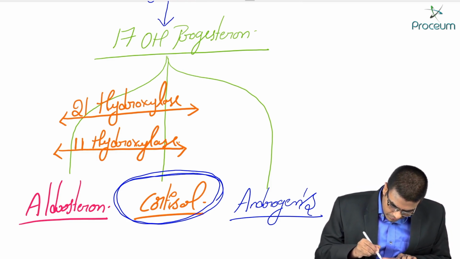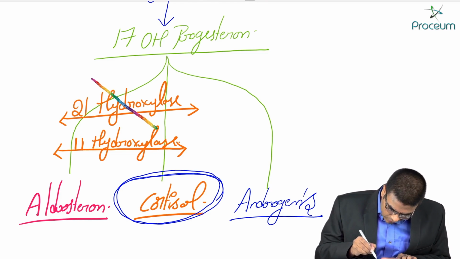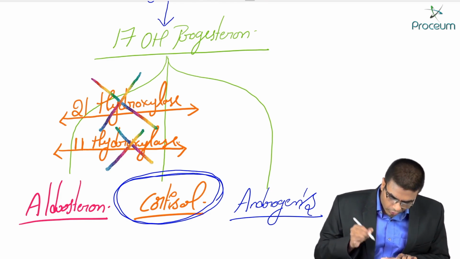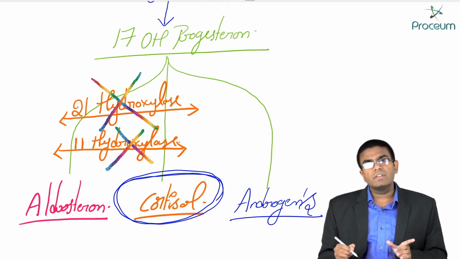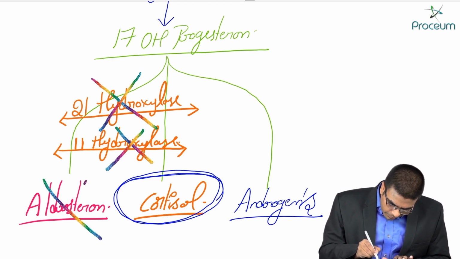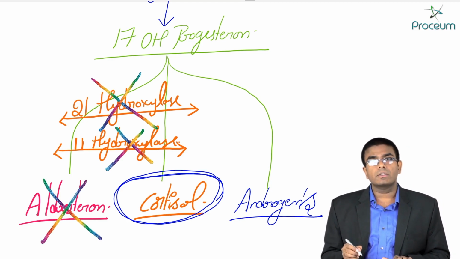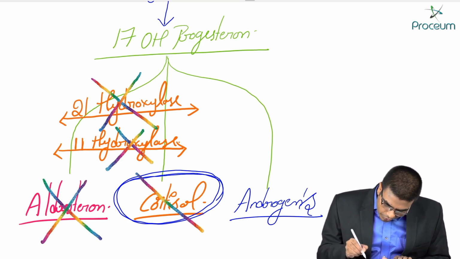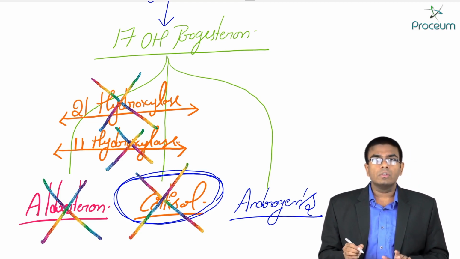these enzymes, there is no 21-hydroxylase or no 11-hydroxylase. If there is deficiency of these enzymes, can aldosterone be produced in adrenal cortex? No. Can cortisol be produced in adrenal cortex? No. So what happens?